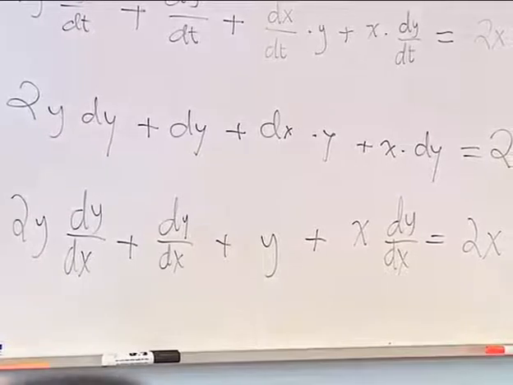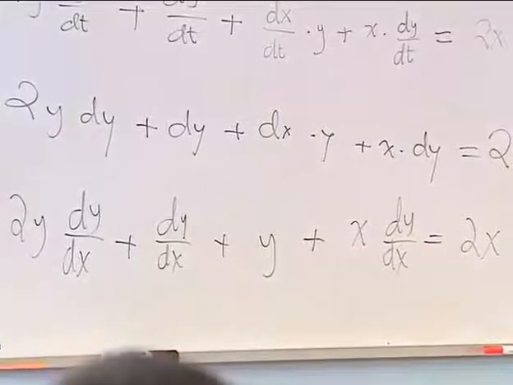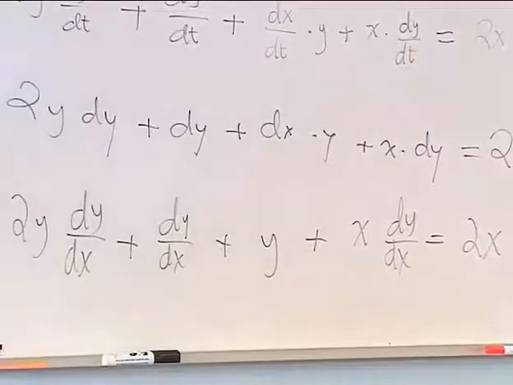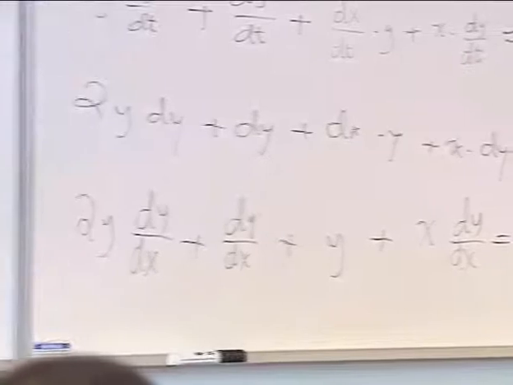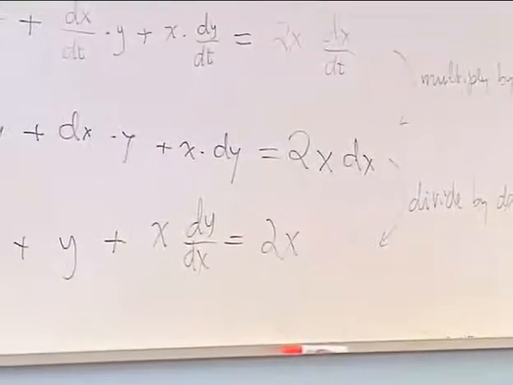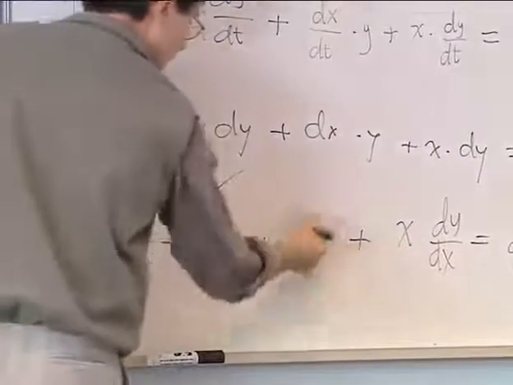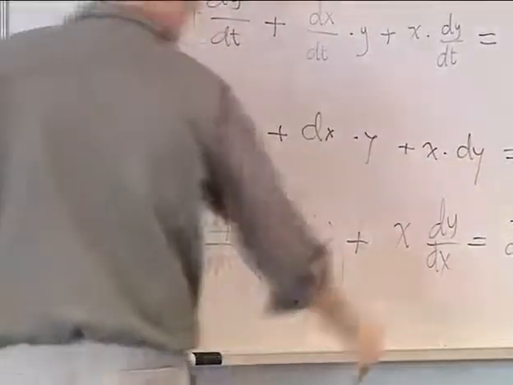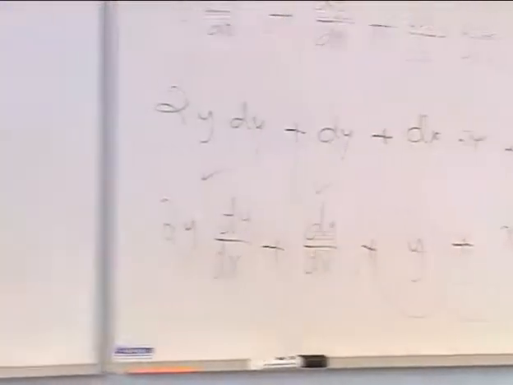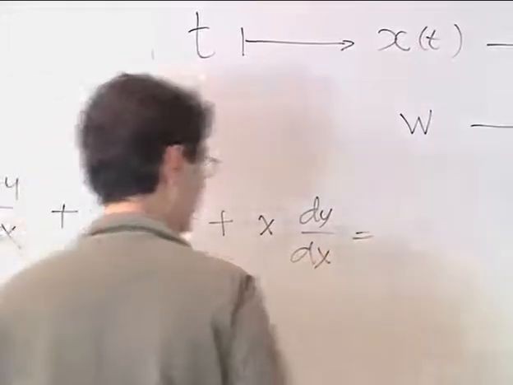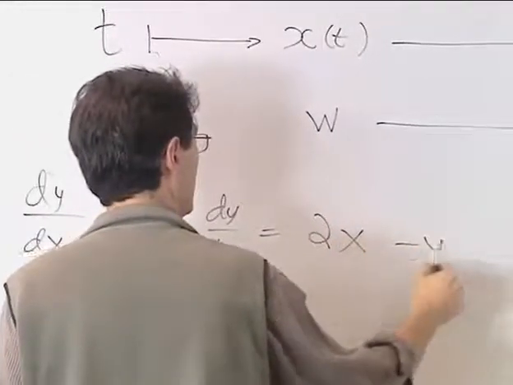Everything that has a dy dx, you put it on the left. Everything that doesn't have a dy dx, you put it on the right. Okay? So 2y dy dx plus, that's this term here, dy dx, that's this term here. This doesn't have a dy dx, I'll move it to the other side. This one I'll leave, plus x dy dx is equal to 2x minus y.